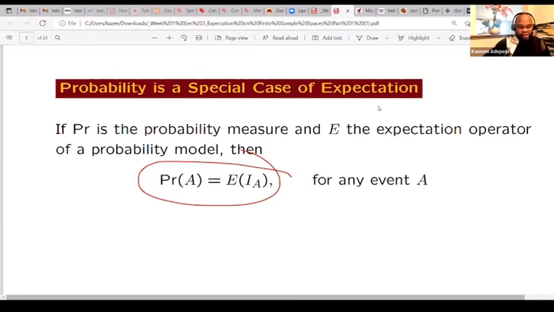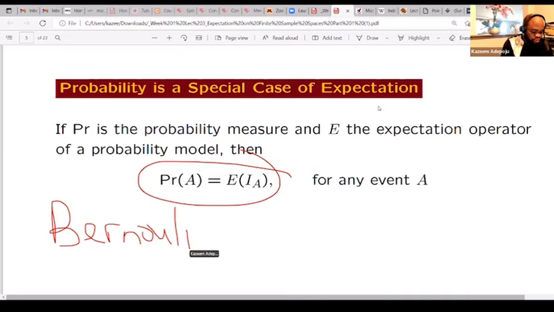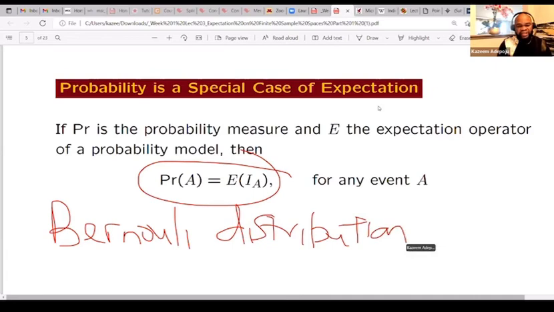If we really want to prove that the probability of event A is the expectation of the indicator, we can relate that to the Bernoulli probability distribution. An indicator is a random variable that can only take 0 or 1, and the Bernoulli distribution is characterized by two possible events.